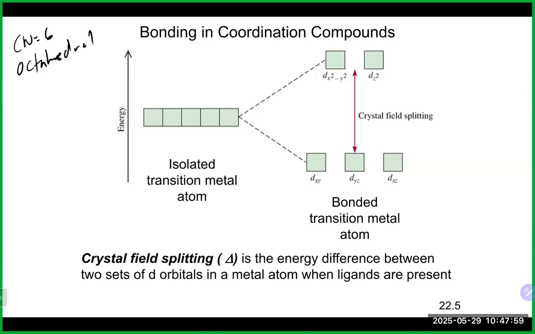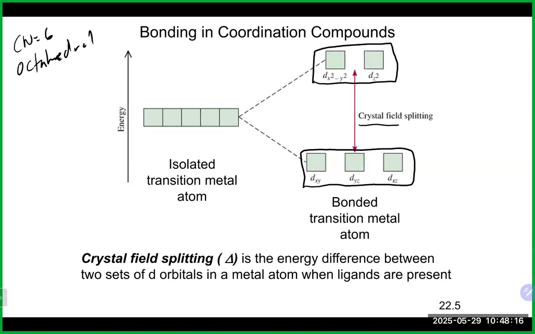We get a lower set of d orbitals in terms of energy, and the squared ones are at a higher energy level. The difference in energy between the lower and higher d orbitals is referred to as crystal field splitting. Crystal field splitting is sometimes abbreviated with a delta, or sometimes just a regular energy abbreviation.